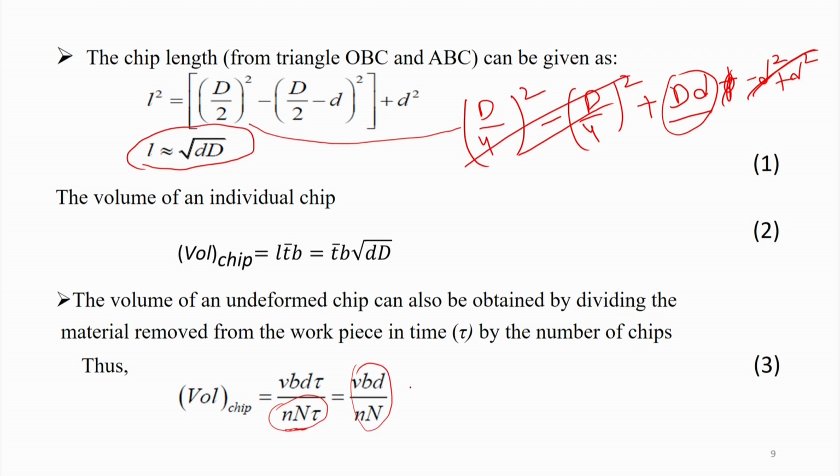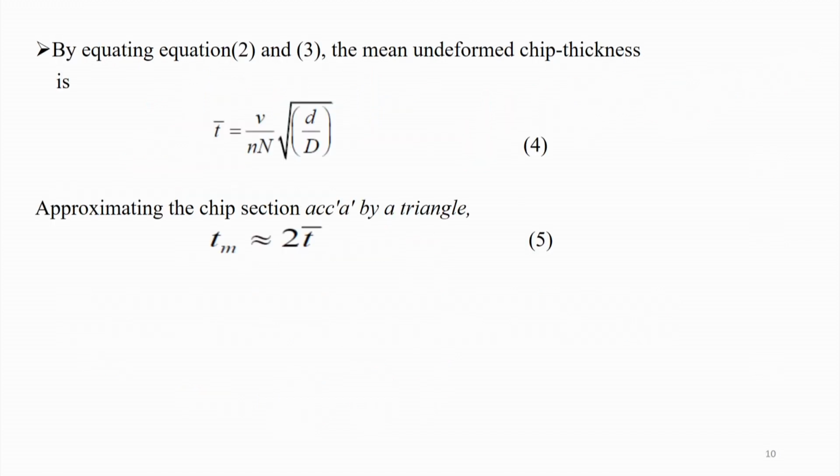Each tooth is removing one, and I am assuming that each tooth is making one chip. So, that is what we are getting, volume of the chip by this formula also. So, we can equate these two together, and then by equating 2 and 3, the mean undeformed chip thickness is given by this. So, we are getting T is equal to this one.